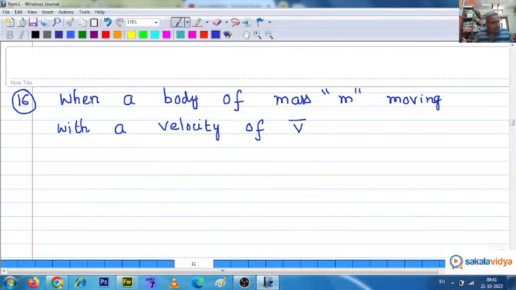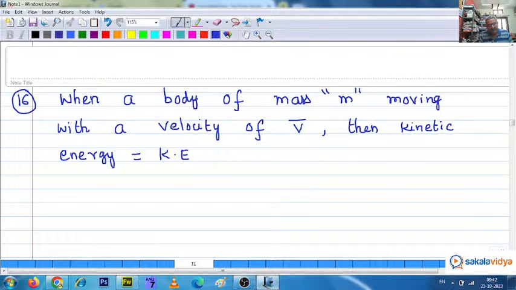then kinetic energy, that is KE, is equal to half times m times v dot v.